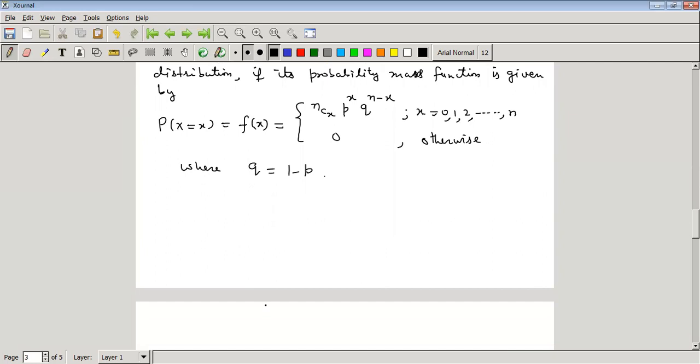So let us discuss one example. A fair coin is tossed 6 times.